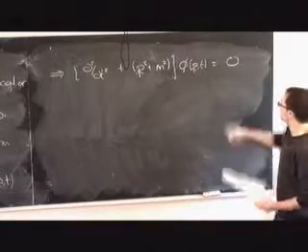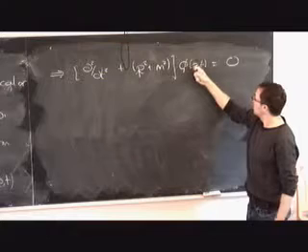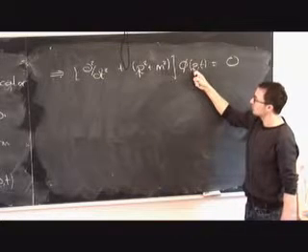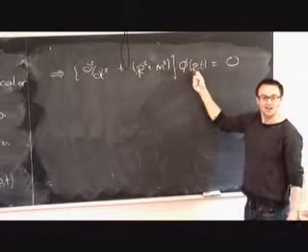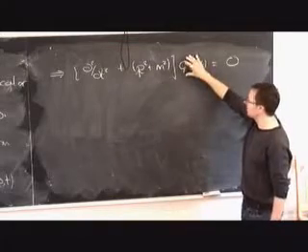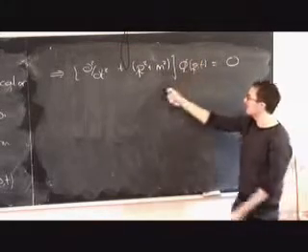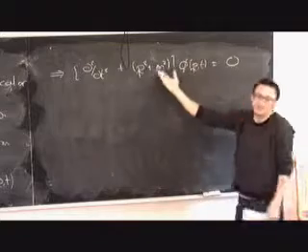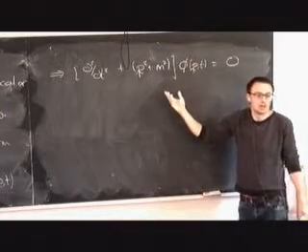And what we get is an equation for phi of p that doesn't depend on any of the other phi of p's. So each of these phi of p's evolves completely independently and has to obey this equation. But this equation is just the equation for a harmonic oscillator.